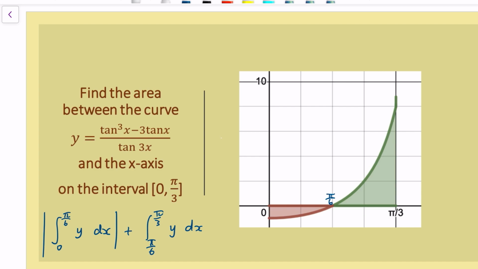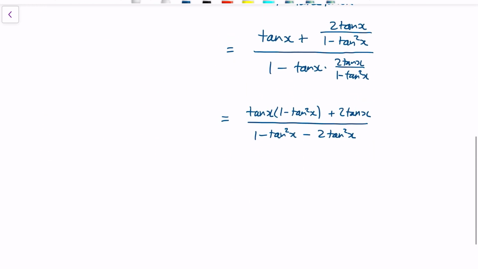So we're trying to integrate y dx, which is the same as the integral of 3 tan squared x minus 1. Now we need to think about how to integrate tan squared.